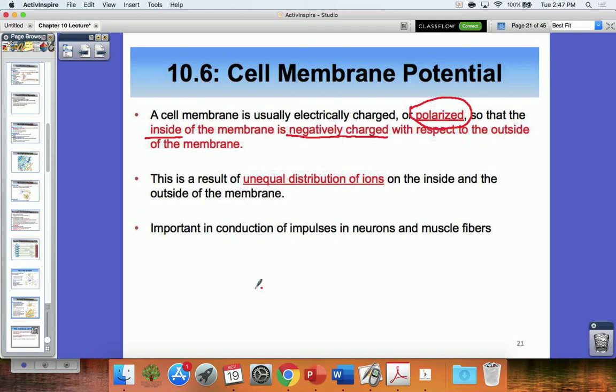So this was our cell. We have more negativity on the inside than we do on the outside. As far as the distribution of ions, because it's not distributed evenly, we have different ions or amount of ions on the inside and the outside.